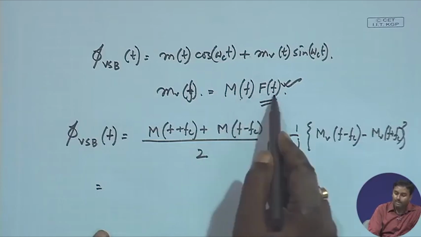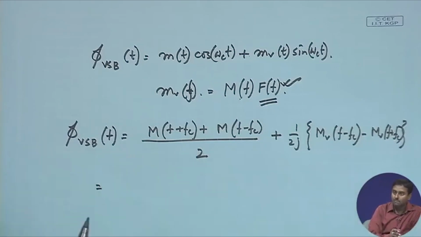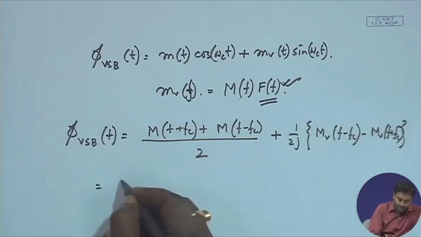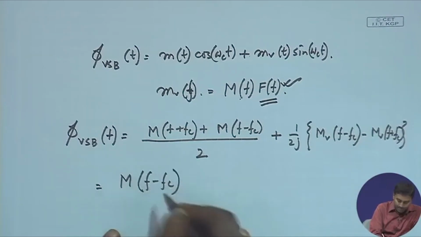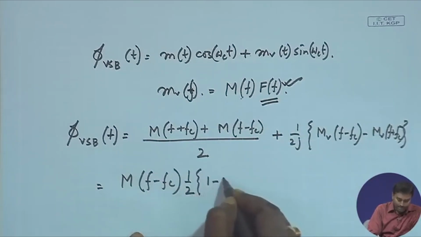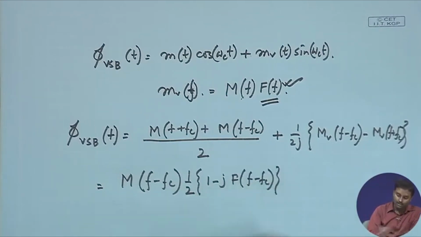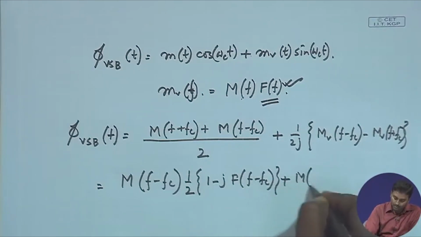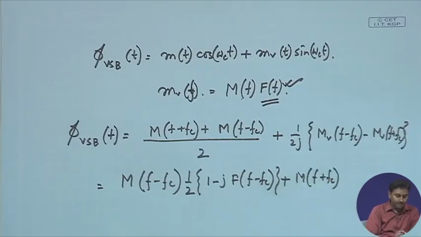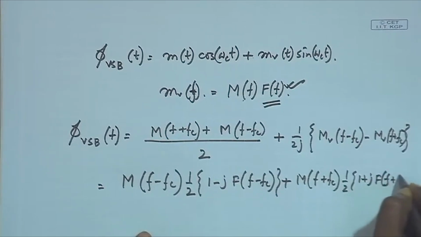Now, MV I can write as M(f) and F(f), I can take these two in the same part. So, I will get finally M(f-fc), if I just take F(f-fc), there will be a half term, and I will have 1 minus jF(f-fc), if you just do algebraic ordering. And similarly, for M(f+fc), I will get again another half, 1 plus jF(f+fc), right.